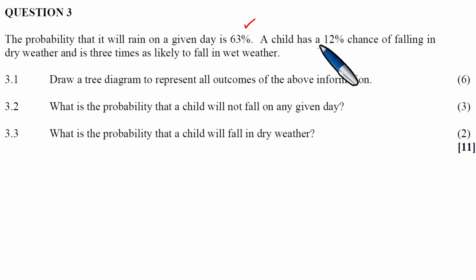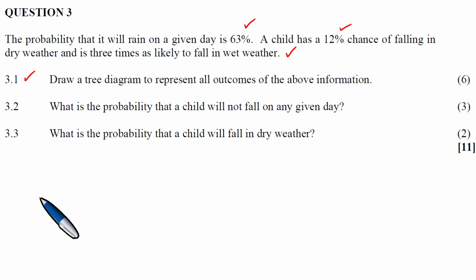A child has a 12% chance of falling in dry weather and is 3 times as likely to fall in wet weather. Draw a tree diagram to represent all outcomes of the above information. So how do you draw a tree diagram here?